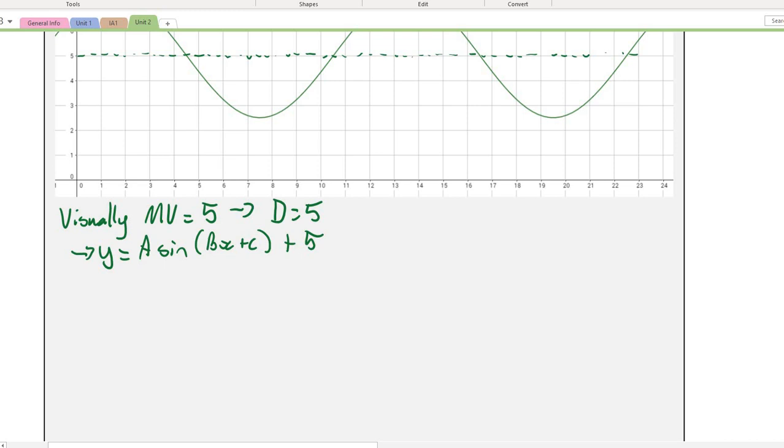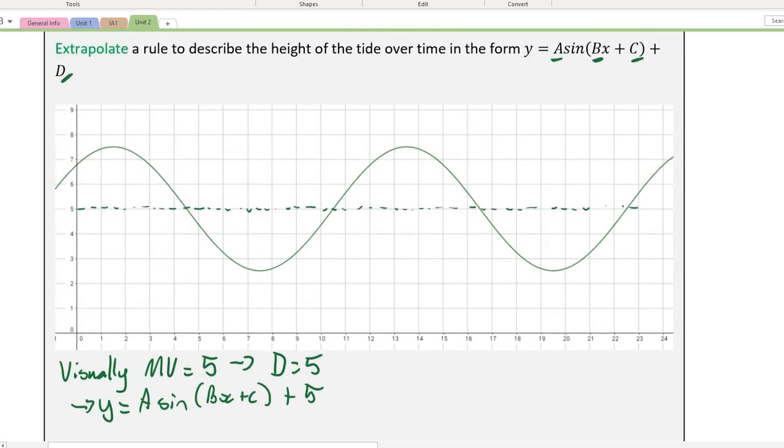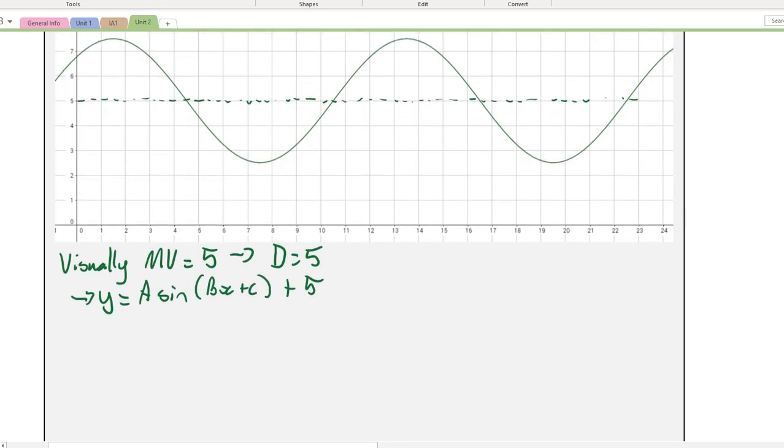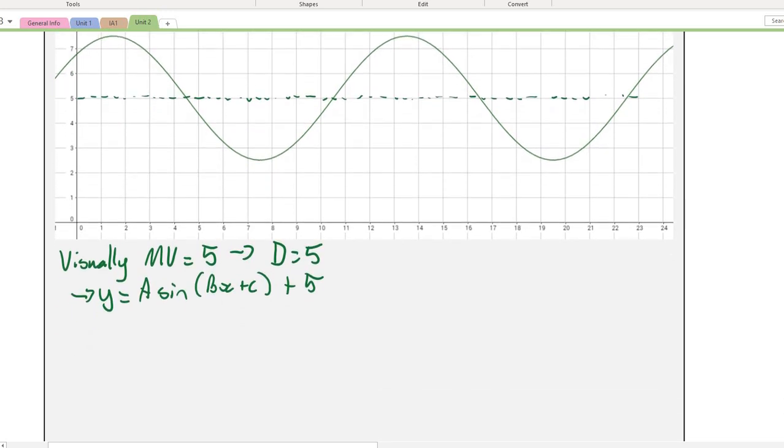So we've got our median value. We just need to figure out our amplitude. Do you think our amplitude is going to be positive or negative? Are we starting near a peak or starting near a trough? Near a peak. So if this is a sine function, yeah, that makes it positive. So, how big is our A value going to be? 2.5.